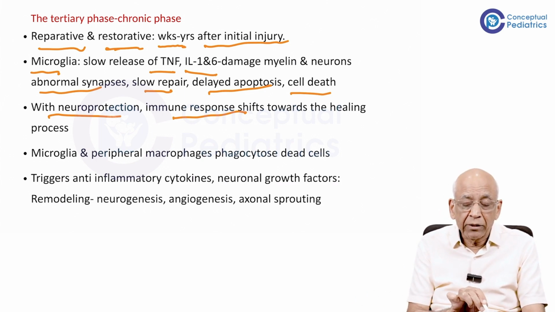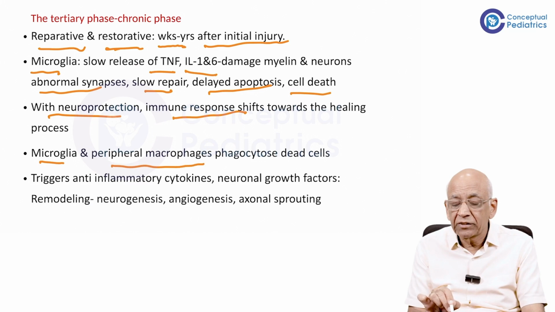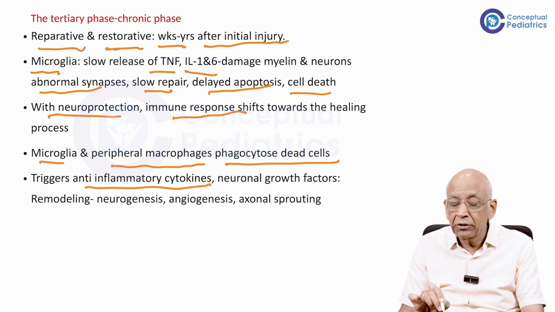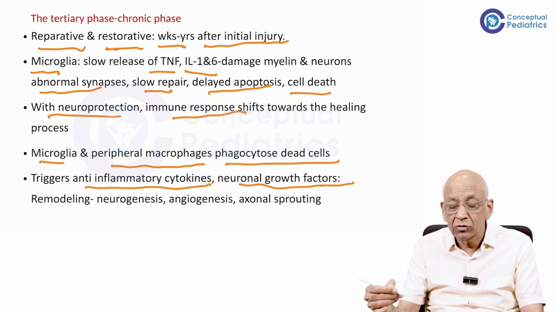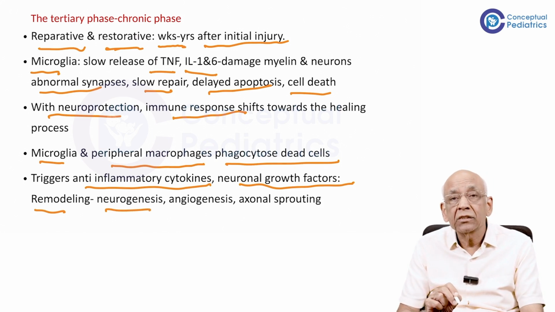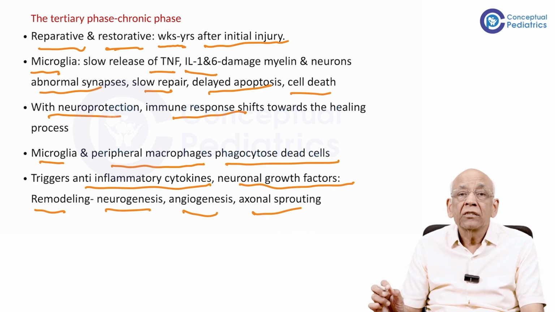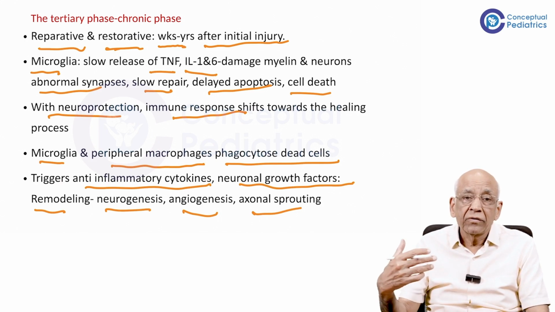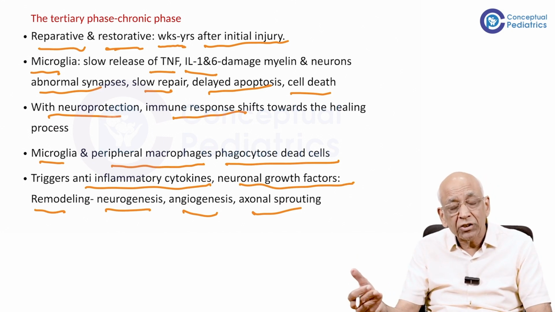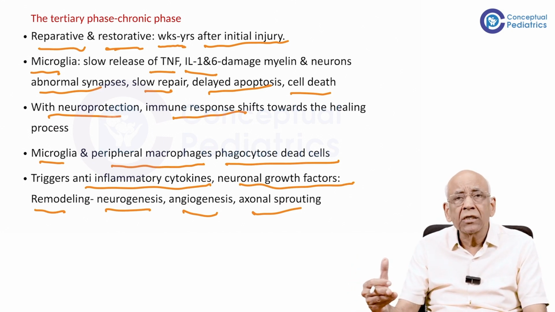The microglia and peripheral macrophages phagocytose the dead cells, and anti-inflammatory cytokines and neuronal growth factors are also released, and there is remodeling, neurogenesis, angiogenesis, and axonal sprouting. So, there can be damage or there can be restoration also. So, restoration, this is the chronic phase.